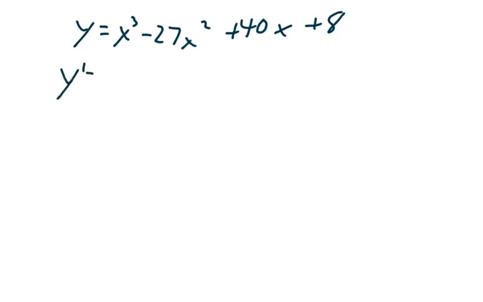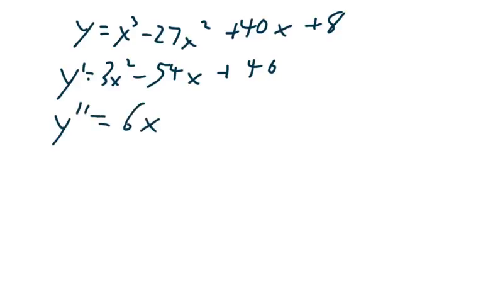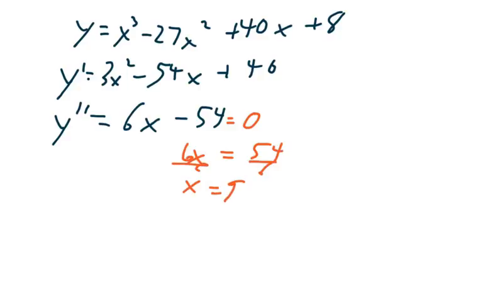Alright, for this one we take the second derivative because we're looking for concavity. So the first derivative is this. The second derivative is 6x minus 54, which I'm now going to set equal to 0. So 6x equals 54, divided by 6, and x is equal to 9.